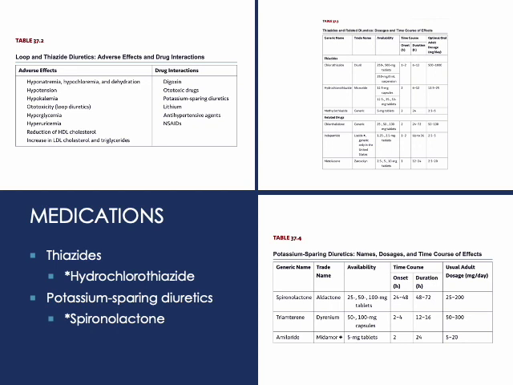So we never want to use these antihypertensive medications in combination with spironolactone unless it's clearly necessary and it's being monitored. And usually this wouldn't be something that you would be comfortable doing as a primary care nurse practitioner.